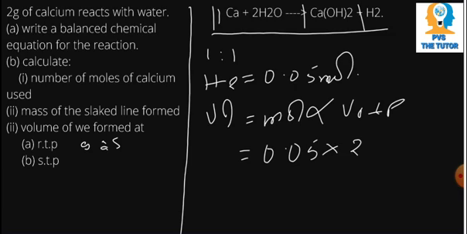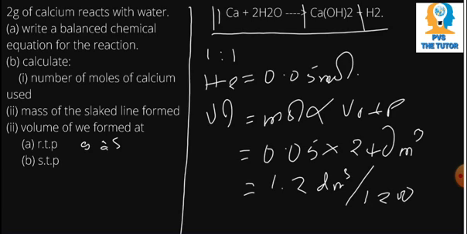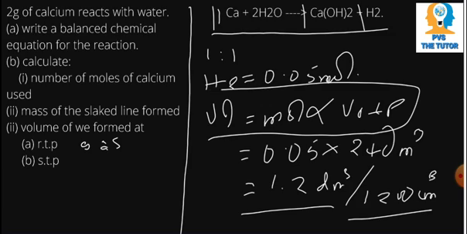Volume at RTP is 24 decimeter cubed, or you can use 24,000 cubic centimeters. So our answer here will be 1.2 decimeter cubed, or when you take it into cubic centimeters, that will be 1,200 cubic centimeters. Take note of the formula and the mole ratio.